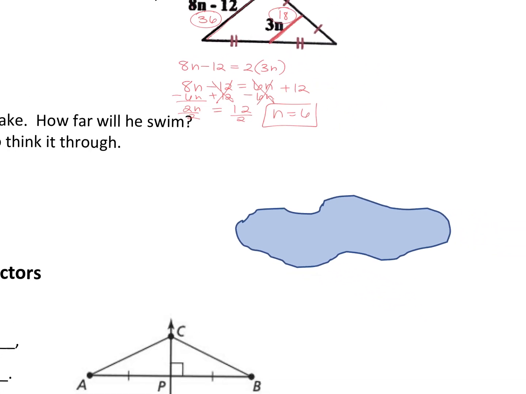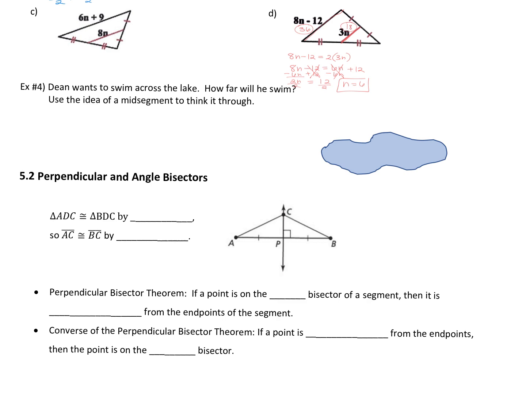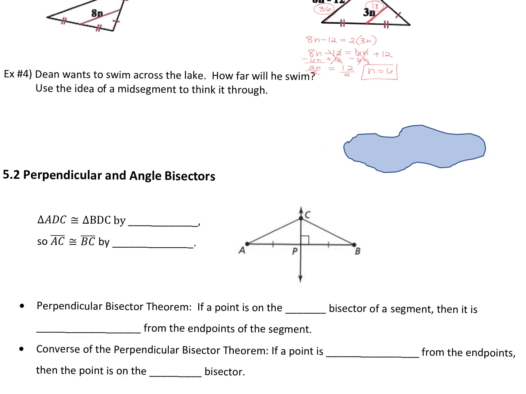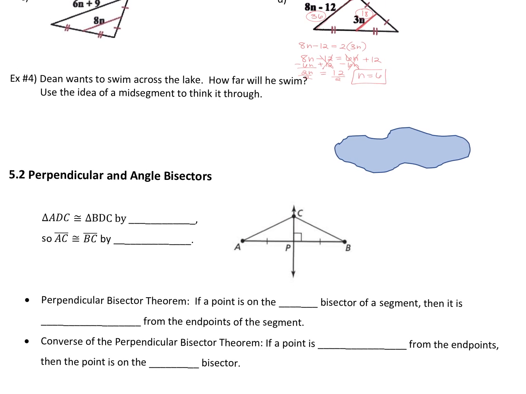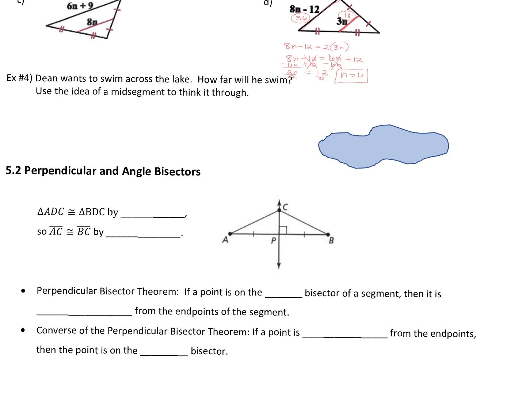Okay, last question on this first one. And this one requires some thought. It says, Dean wants to swim across the lake. How far will he swim? So we want to know how far it is from here to here.